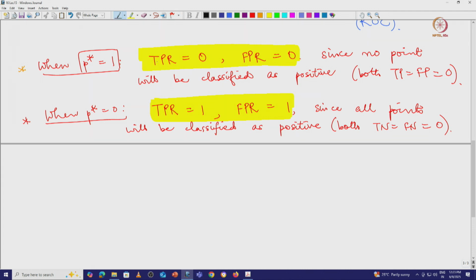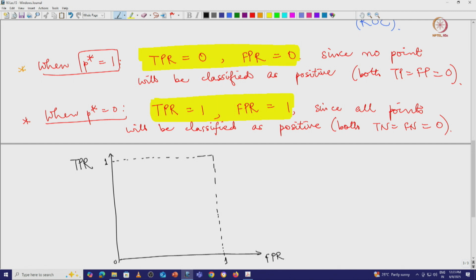I am going to plot, as I promised, the TPR on the vertical axis as a function of FPR, and this will be bounded by the square, because the maximum value of the TPR is 1 and the minimum value is 0, and similarly the maximum value of the FPR is 1 and its minimum value is 0.